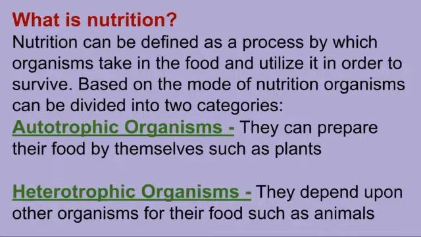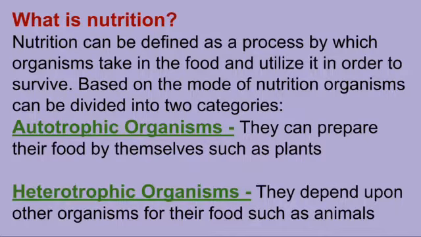You can take the example of the plant, because the plant is able to make its own food. That is why the plant is said to be an autotroph. But in heterotrophs, hetero means other and troph means nourishment. They depend upon other organisms for their food, such as animals. So animals come in the category of heterotrophs.